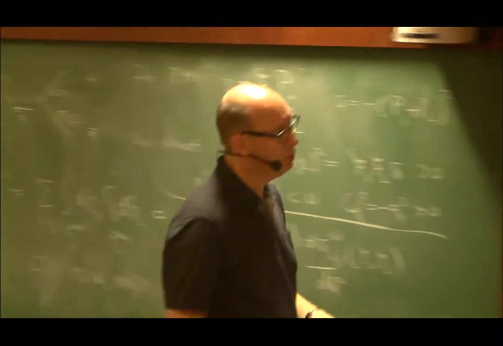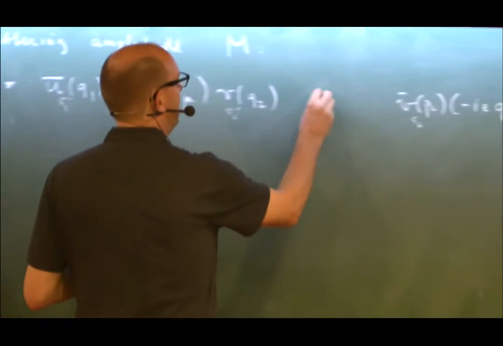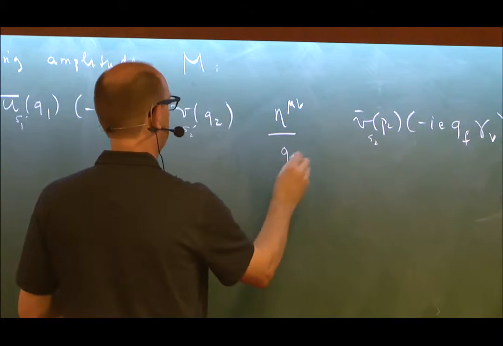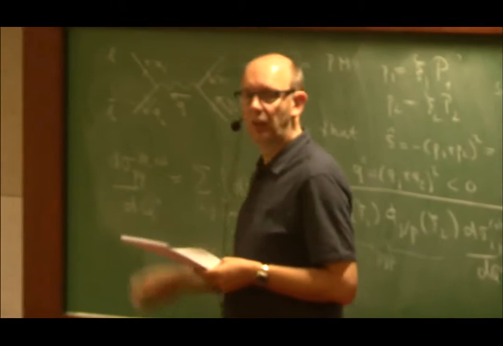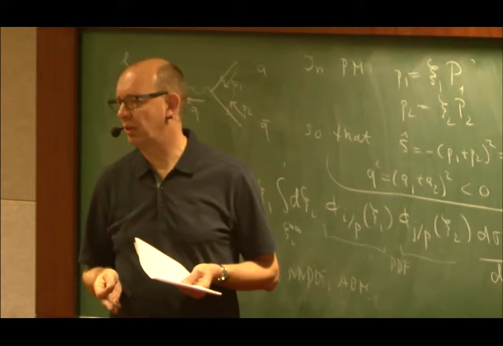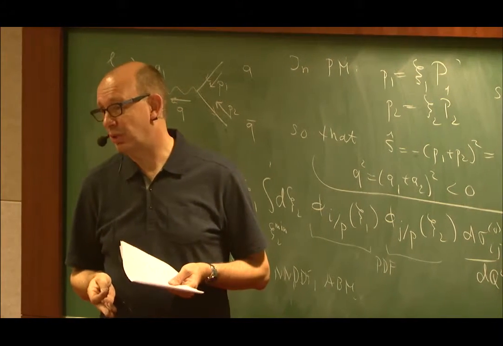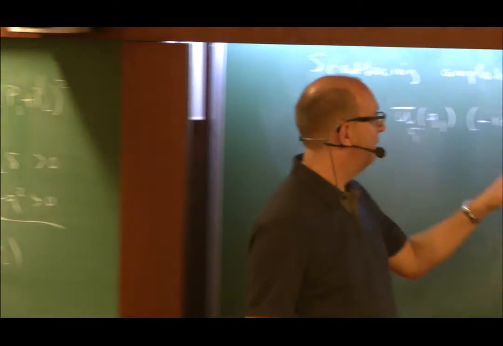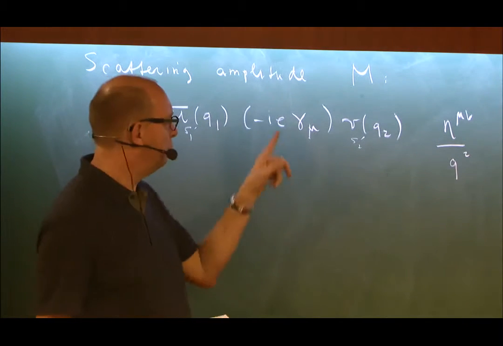And there I just use η_μν divided by Q squared. That's the momentum going through this line. I set this lambda parameter equal to 1. In fact, I didn't even have to do it, because if you would keep the lambda there, there would be a Q_μ Q_ν term.